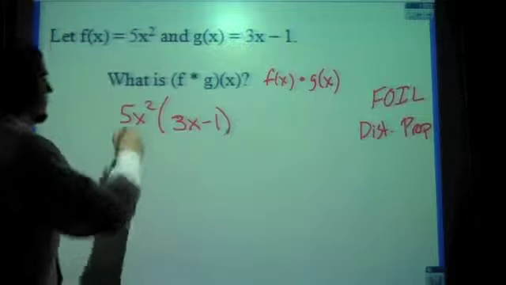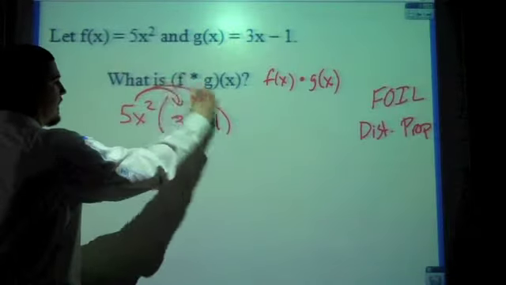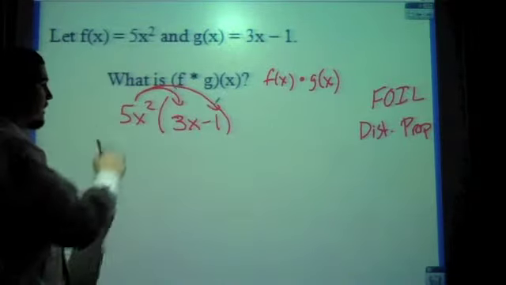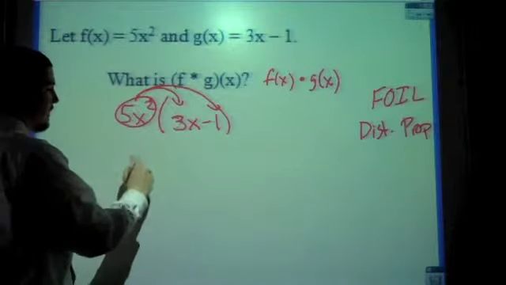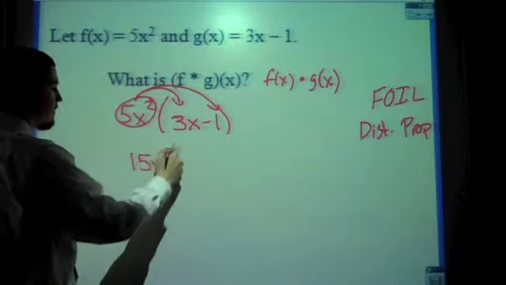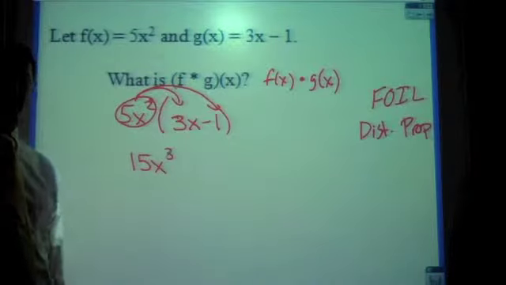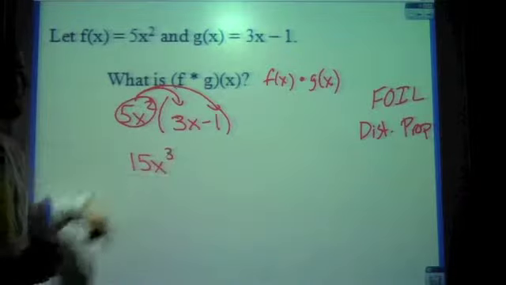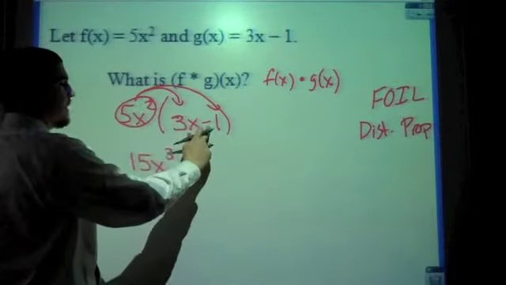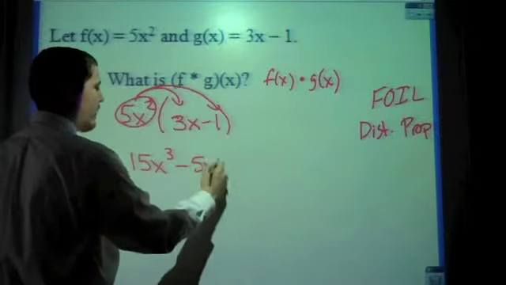And the distributive property says I take the numbers here and I multiply it times all of the numbers on the inside. So 5x squared times 3x gives me 15x to the third. Remember, when you multiply, you have to add the exponents. 2 plus 1, x to the third. Then we've got 5x squared times negative 1, which is negative 5x to the second.